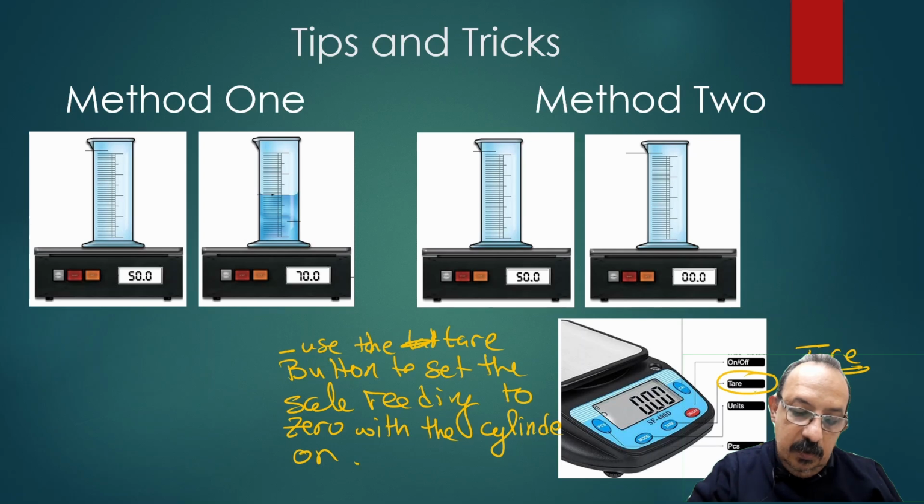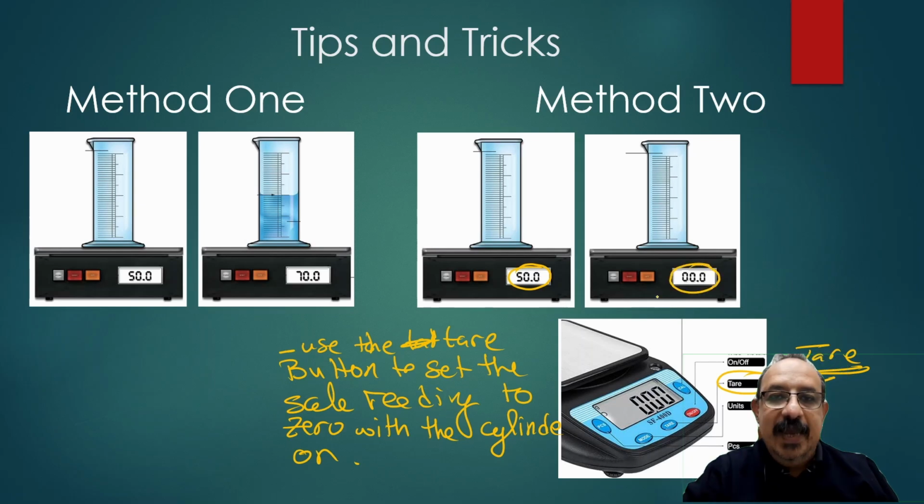So I put the empty cylinder, it reads a value, for example 50 grams, then I push this button and directly I would see a measurement of 0 grams on the scale.